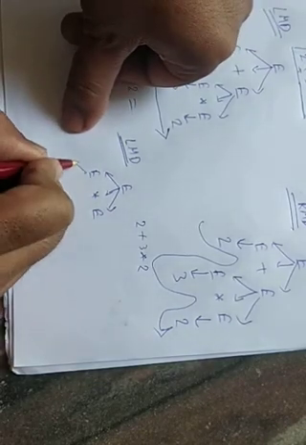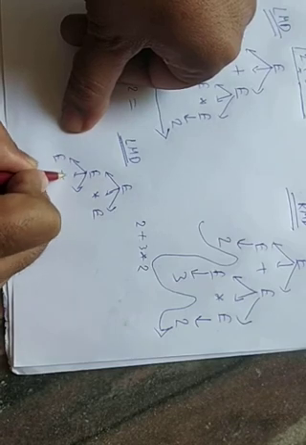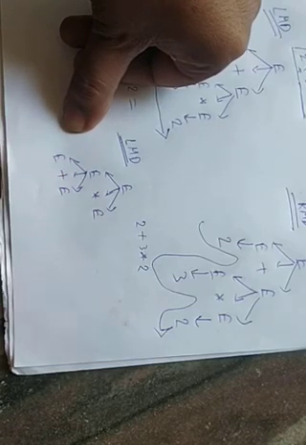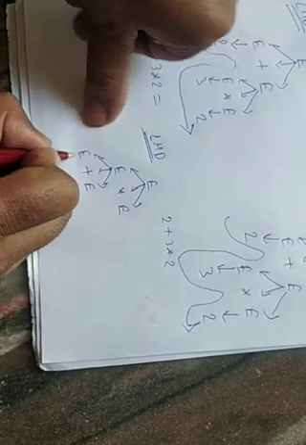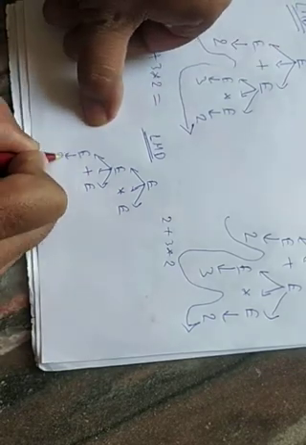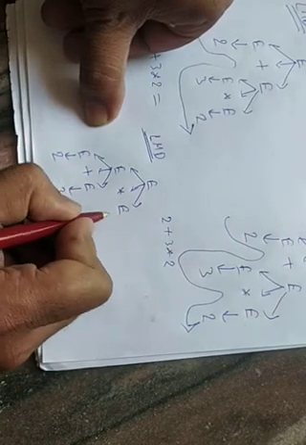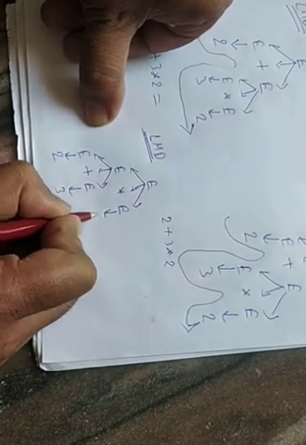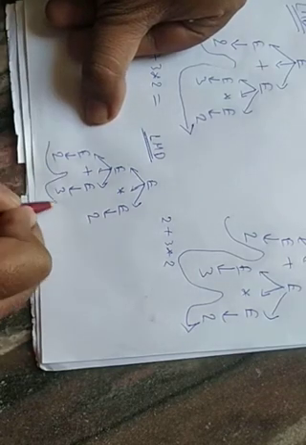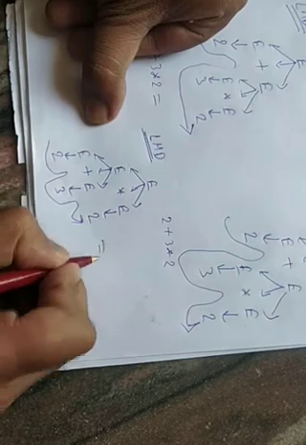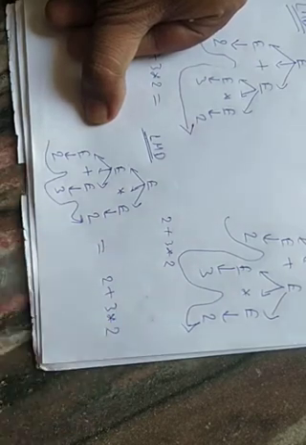Now from this E, I'll use rule number 1, E produces E plus E. Now this E produces E plus E can give me E produces 2, E produces 3, and finally this E produces 2. Now if I move left to right, this will give me 2 plus 3 star 2.